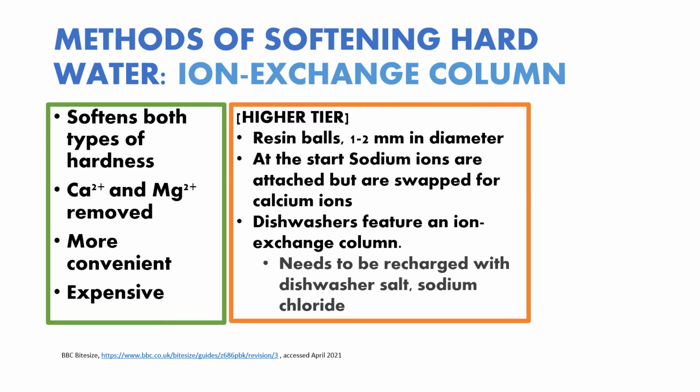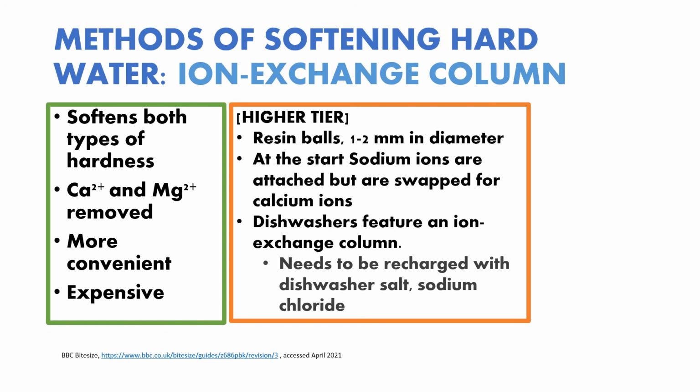Another method of softening hard water is using an ion exchange column. As with using washing soda, ion exchange columns soften both permanent and temporary hard water. Calcium and magnesium ions, the ions which cause water hardness, are removed as hard water is continually passed through the column.